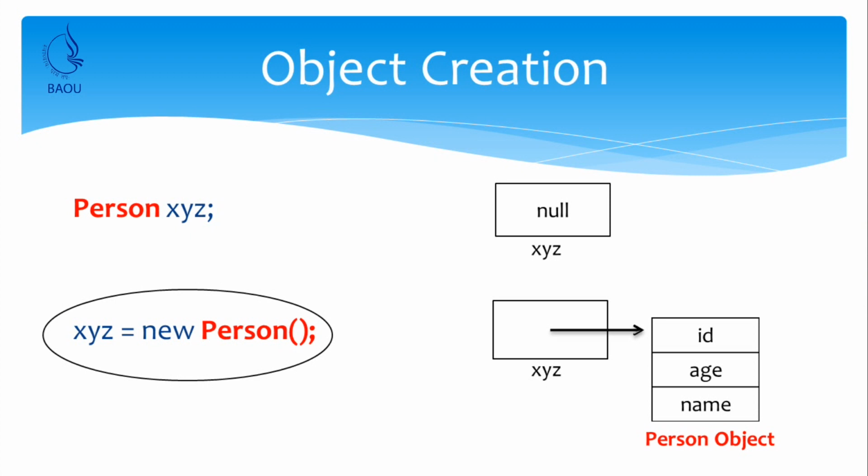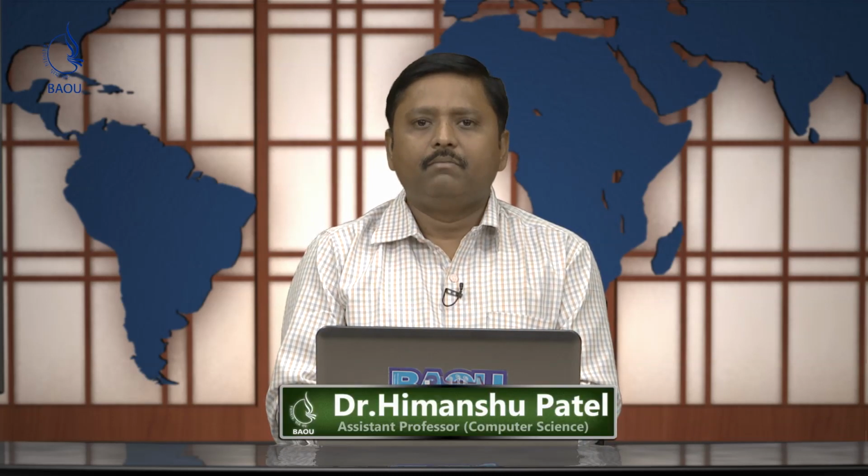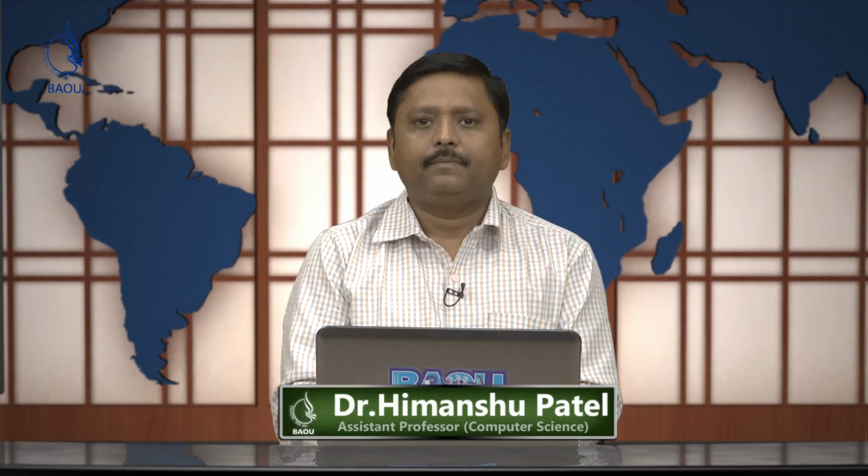So, it allocates memory for id, age and name depending on its type, and its address is stored inside XYZ. So, you can access these members as xyz.id, xyz.age and xyz.name. So, this is how object is declared and created. Remember, to actually create object, we have to use new operator, then and only then memory is allocated. So, whenever you create object, new and class name is a must for actually creating object.